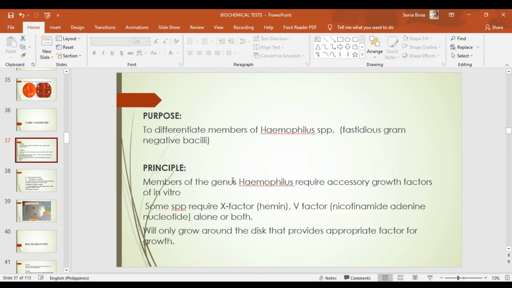It will only grow around the disc that provides the appropriate factor for growth. So, a loopful of the test organism is streaked into a heart infusion broth or agar. The impregnated discs are placed directly on a confluent inoculation, allowing diffusion of the accessory growth factor into the medium.